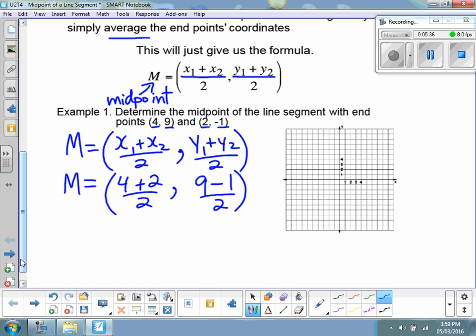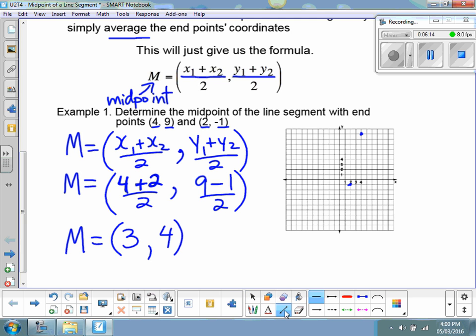So remember that you have to figure out the answer on top before you divide by 2. So if you're ever using your calculator, make sure you punch in 4 plus 2, hit equals, and then divide it by 2. So when you calculate your midpoint here, you end up with 3, 4. So I'm just going to plot my points on the graph here. So 4, 9 will be there, and 2, negative 1 is there.